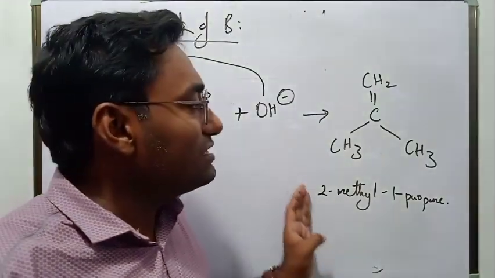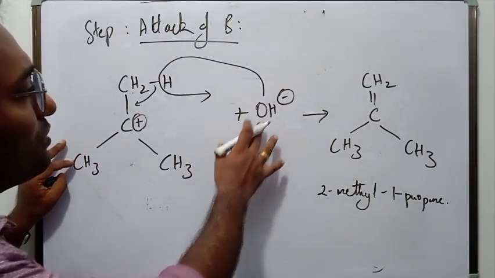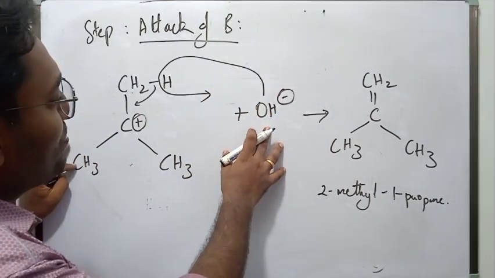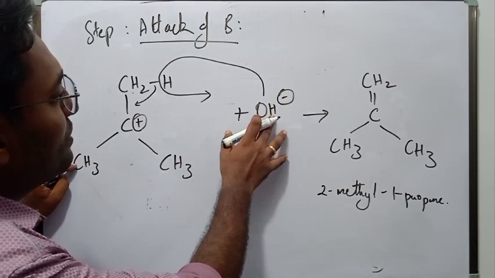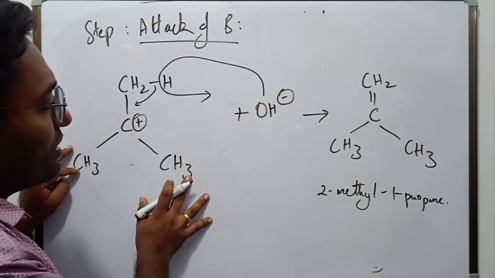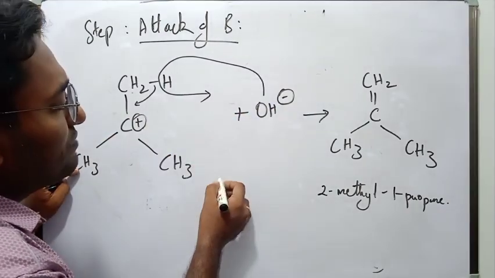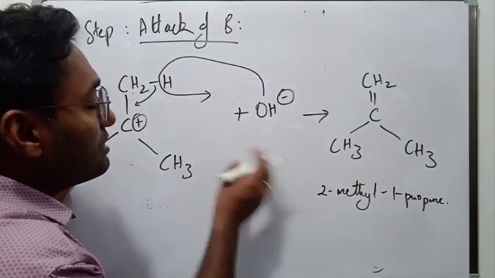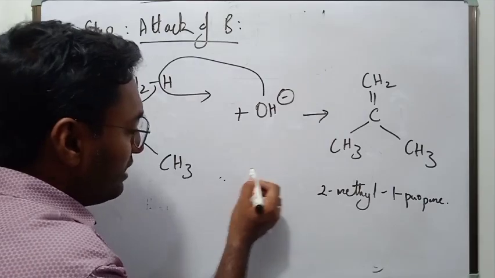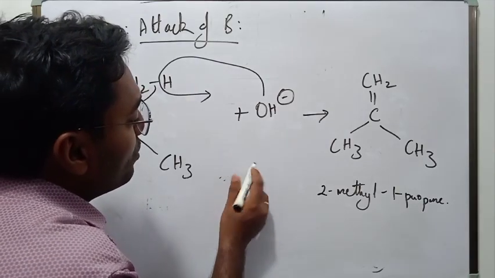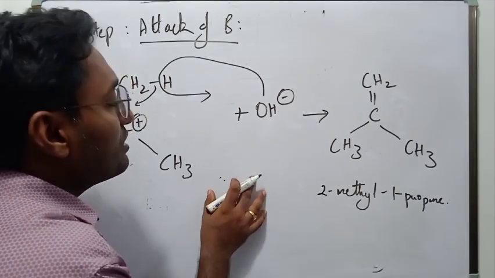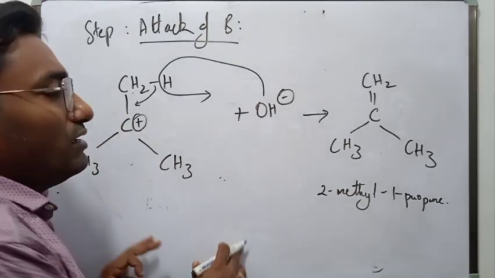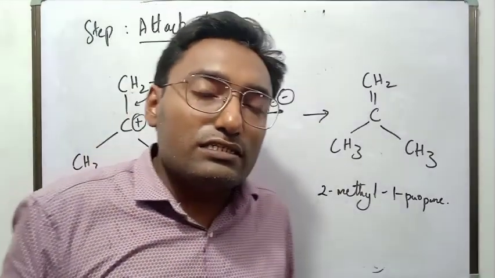This is step 2 where the base, OH minus, attacks the carbocation. In the E2 reaction, we have seen that it occurs in a single step. The expulsion of halide and the expulsion of proton from alpha and beta carbon atoms occurs simultaneously. Dear students, that ends the E1 and E2 reactions.